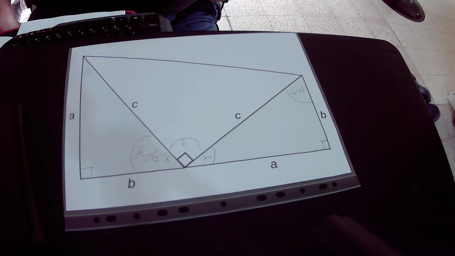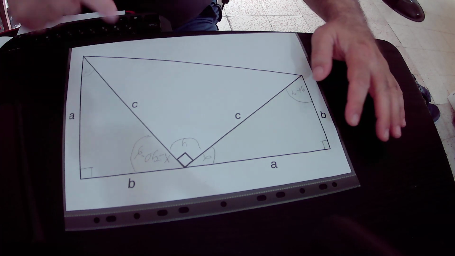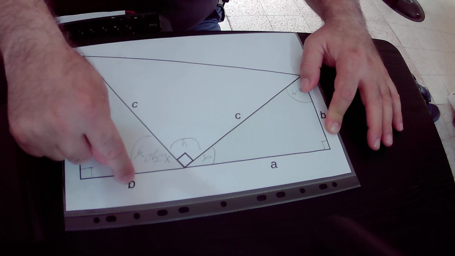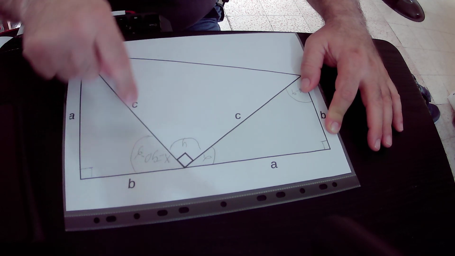And since the sum of the angles on a straight line is 180 degrees, the sum of the angles on this straight line is 180 degrees.